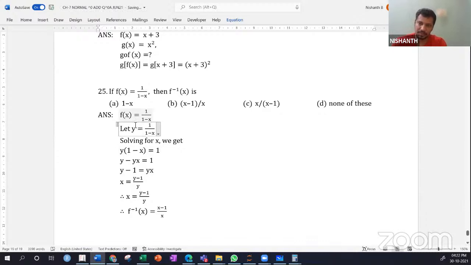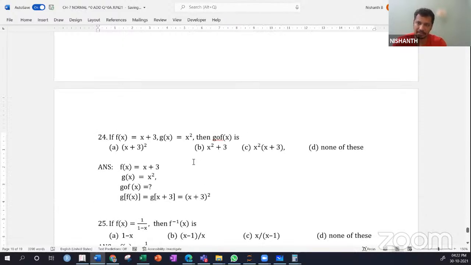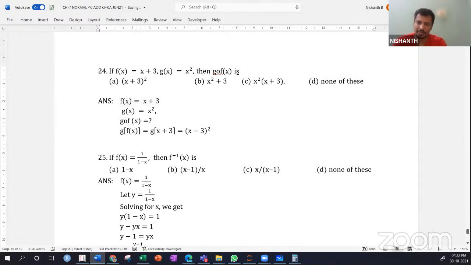Whatever you equate it to, solve for x. Whatever answer you get, you should write it in x form, is what I had explained to you. This is inverse. This also keeps appearing very frequently. So one is this f of g or g of f, and the other is this inverse and the sets. So your questions will be coming from these 3 types.